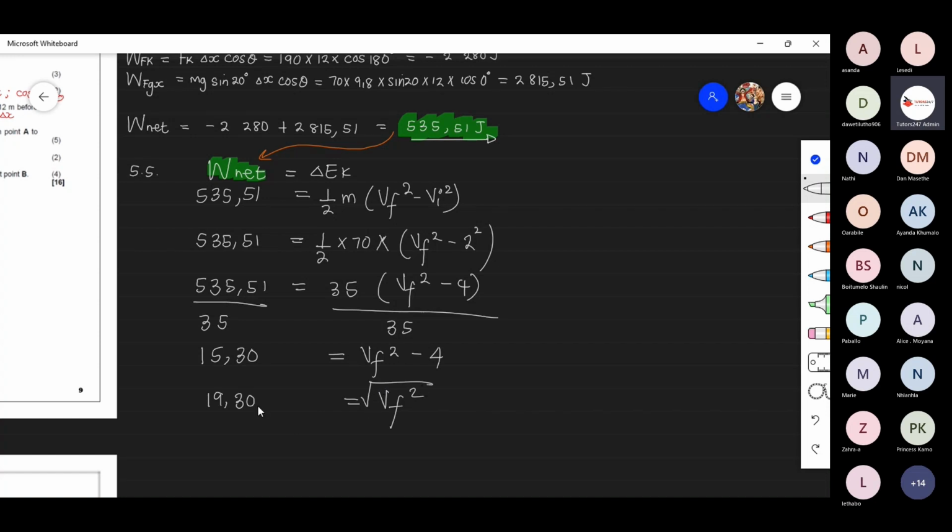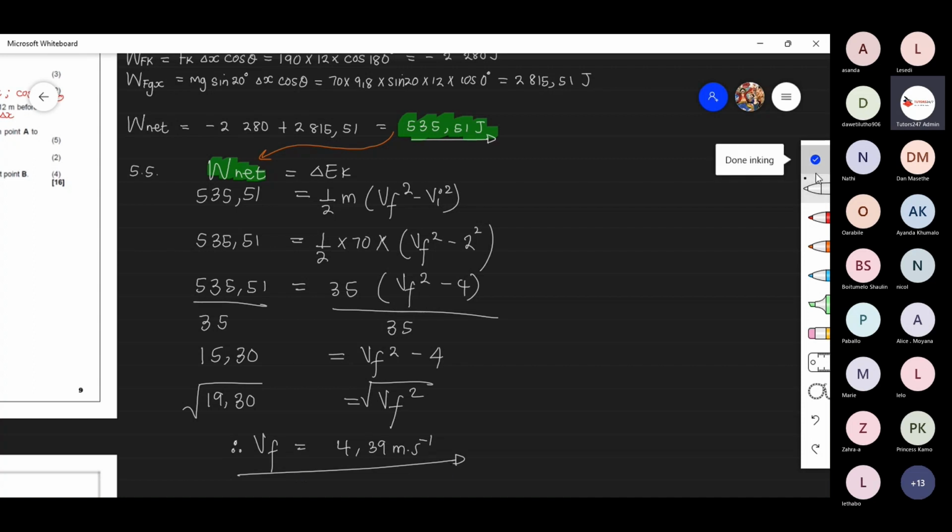From here, we can square root both sides, and we can therefore conclude that our final velocity, or the velocity at point B, is going to be, let's see, the square root of 19,3, which gives me 4,39 meters per second.